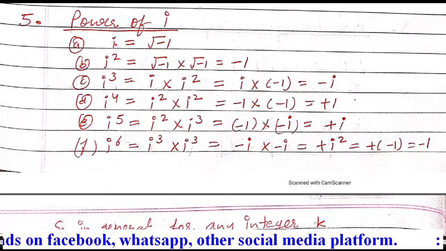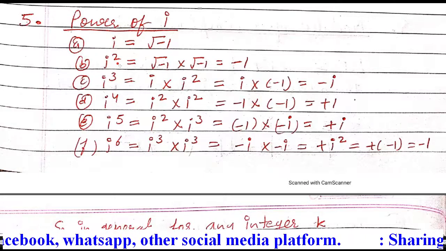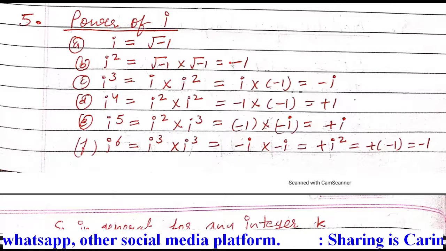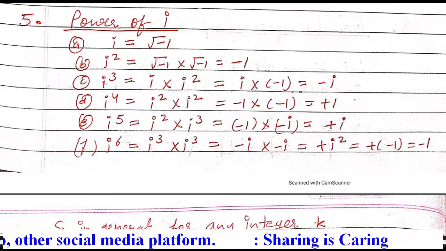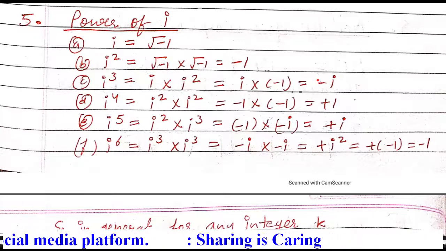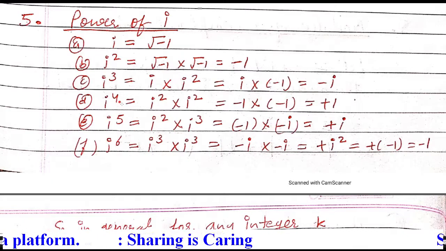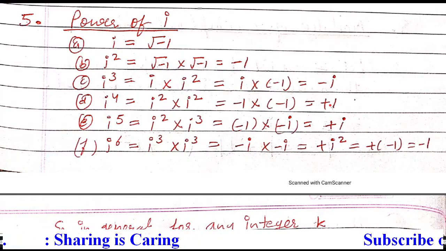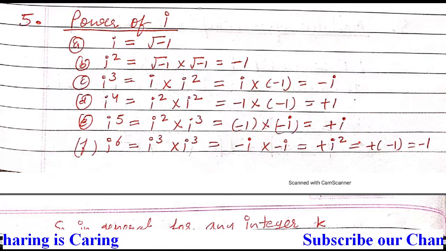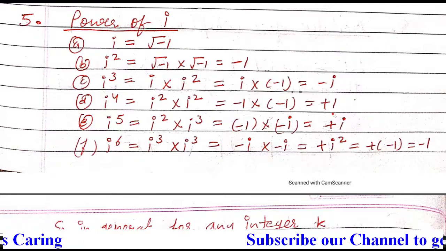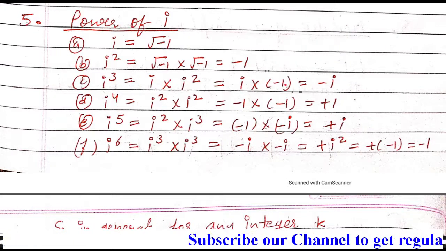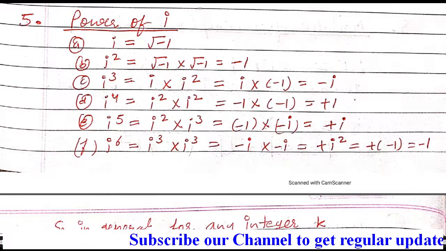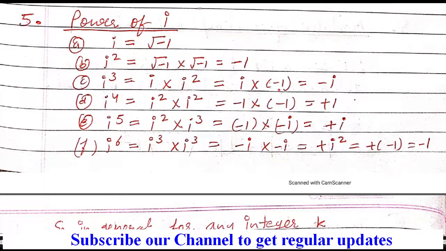You must learn that iota is root minus 1, iota square is minus 1, and iota cube is minus iota. It's very necessary for you to learn. And iota 4 is plus 1. After this, since the values start to repeat, we can make short tricks for it, but till iota power 4 you must learn the values.